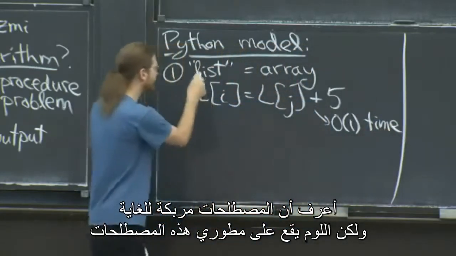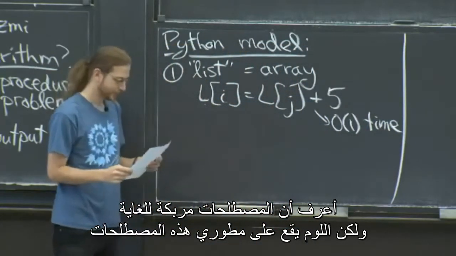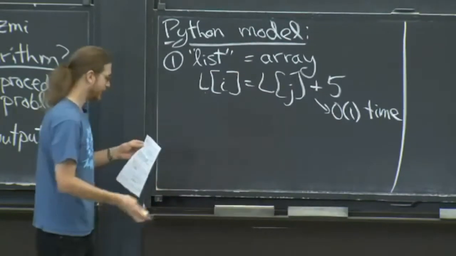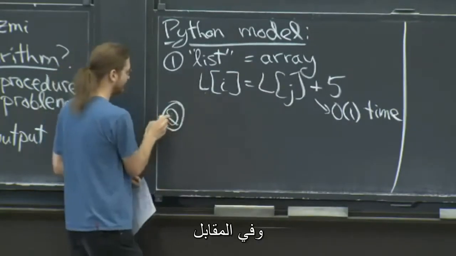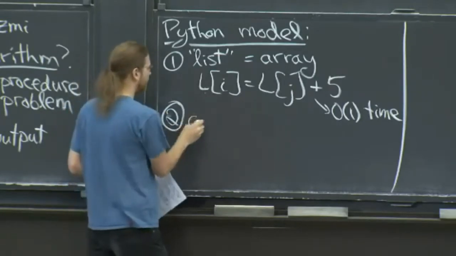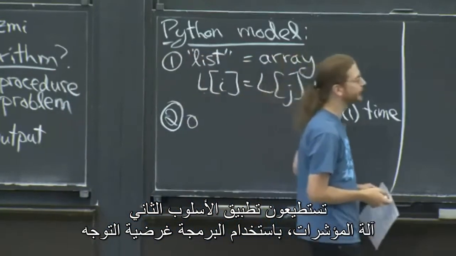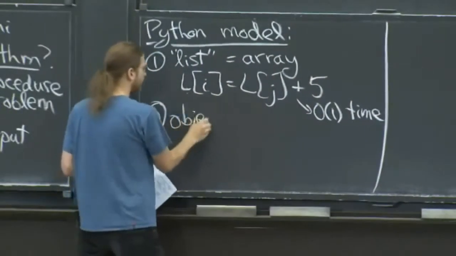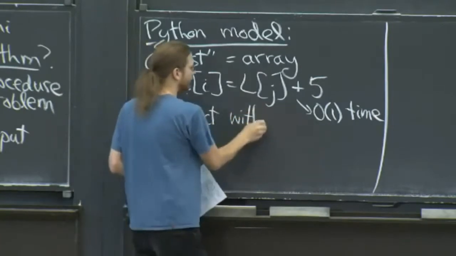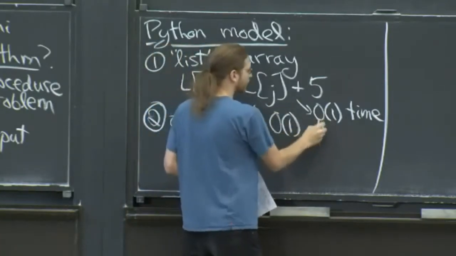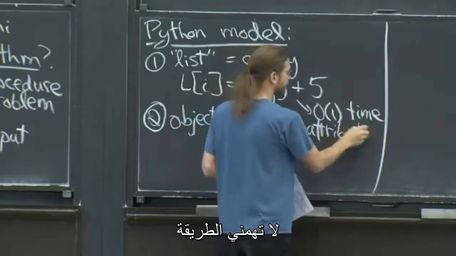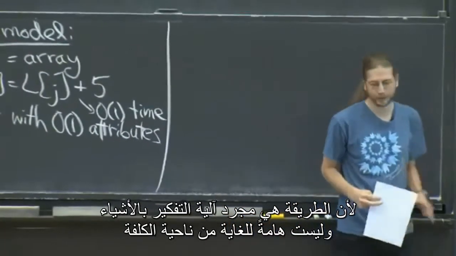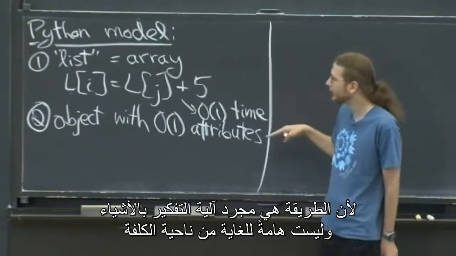And that's important to know. I know the terminology is super confusing, but blame the benevolent dictator for life. On the other hand, you can do style 2, pointer machine, using object-oriented programming, obviously. I'm not really worrying about methods here, because methods are just a way of thinking about things, not super important from a cost standpoint.